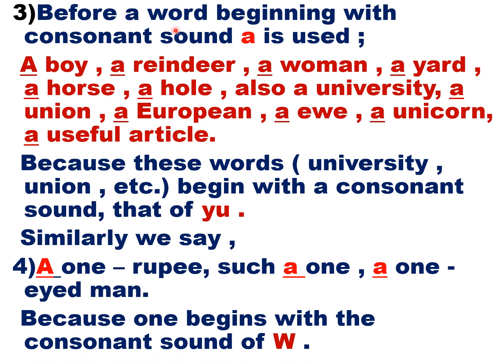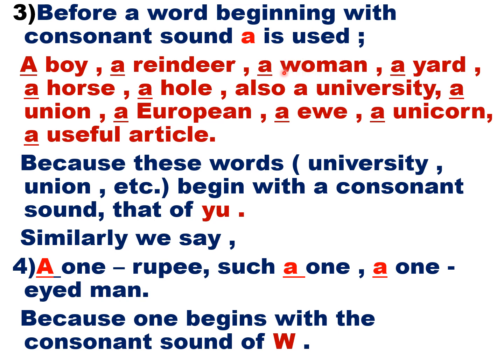Before a word beginning with a consonant sound, a is used. A boy. B is a consonant sound, so a boy. A reindeer. Ray is a consonant sound, so a reindeer. A woman.